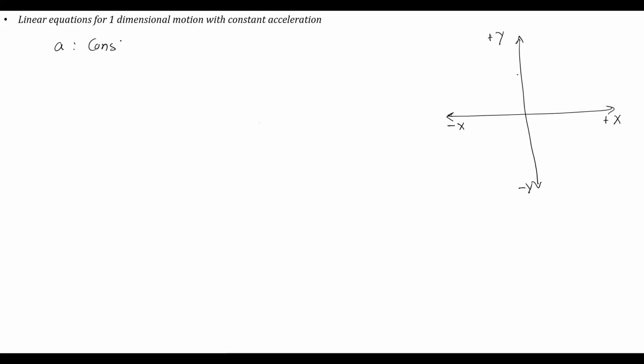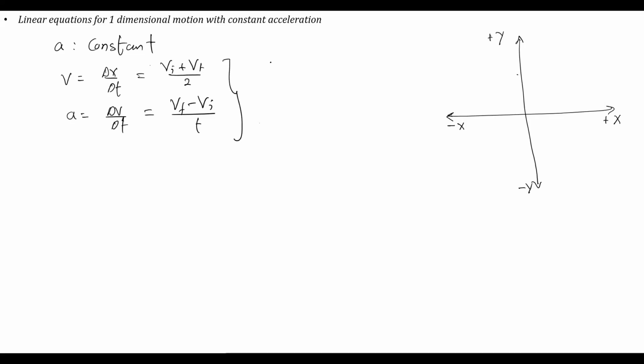If acceleration remains constant, then by definition the velocity is equal to delta x over delta t, and the average velocity we can also define as the initial plus the final divided by 2, and the acceleration we can define as delta v over delta t, which means v final minus v initial divided by the time. By combining these equations, we develop these three equations, right?